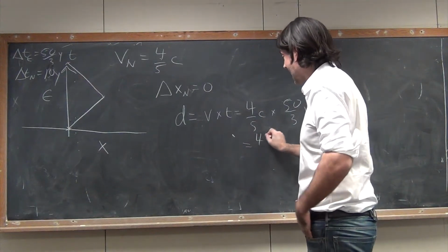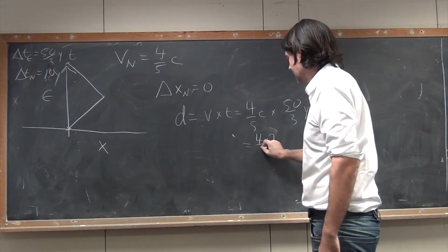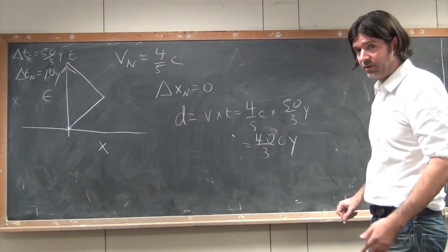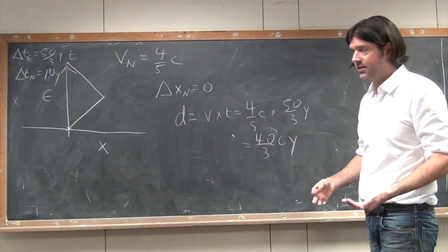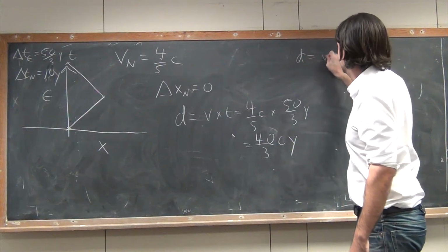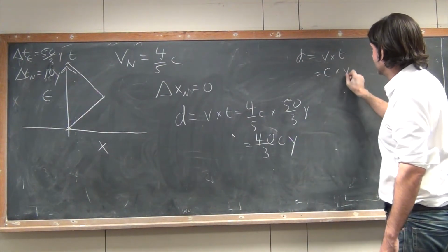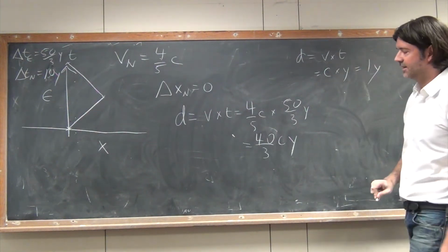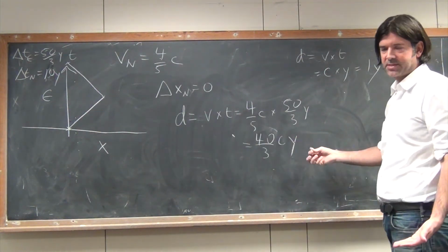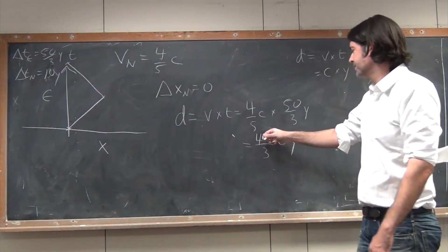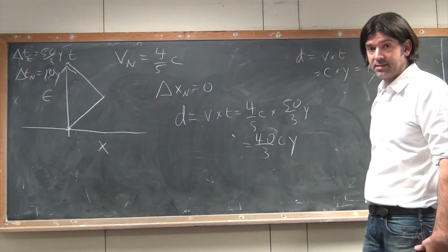So the total distance out that Newton travels is 40 divided by 3 light years. Remember that a light year is the distance that light travels in a year. So since distance is velocity times time, if you have the speed of light times a year, that is a light year. So I'm using c times year to represent a light year. So the distance that Einstein sees Newton go is 40/3 light years.